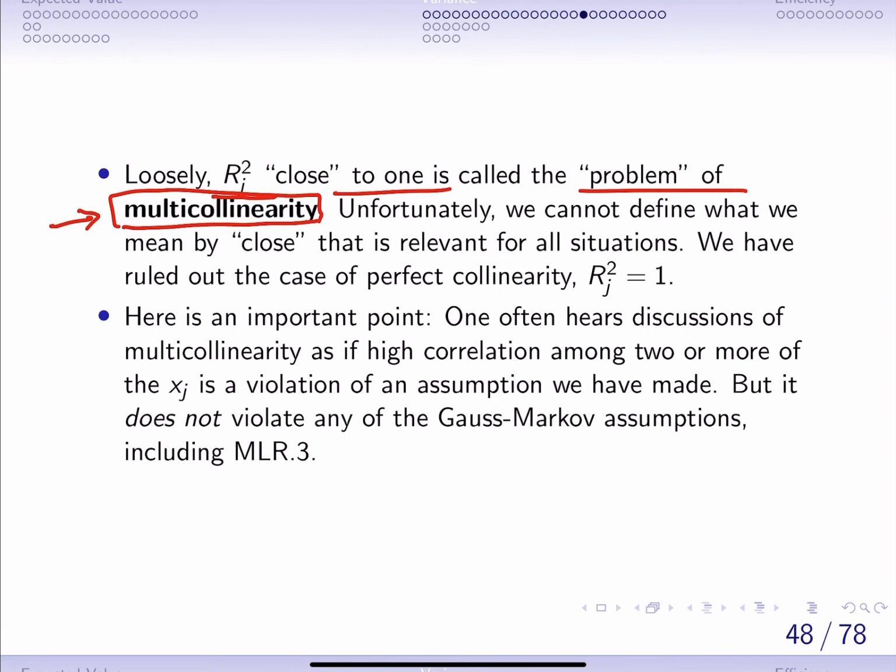Okay, but the important thing to note is that just because your x's are highly correlated, this does not violate any of the Gauss-Markov assumptions. Okay, so remember that sometimes when it's said that multicollinearity occurs when there's high correlation among two or more variables, sometimes people make this claim that this is violating some of the assumptions that we made. So it is not violating anything.